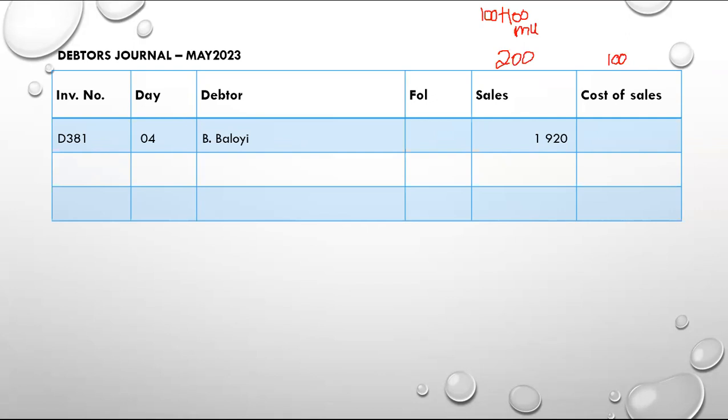From the journal, it goes to the general ledger. From the general ledger, it goes to the pre-adjustment trial balance, and then you have adjustments. You're going to have your income statement, your statement of financial position, your cash flow statement, and everything else. But when you start auditing as an auditor, guys, you start with the source document, the inception of the transaction. That's why it's very important for you to know this. That's why I'm emphasizing it in grade 9.